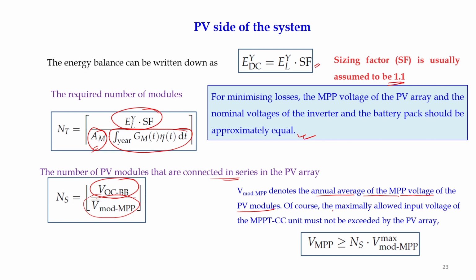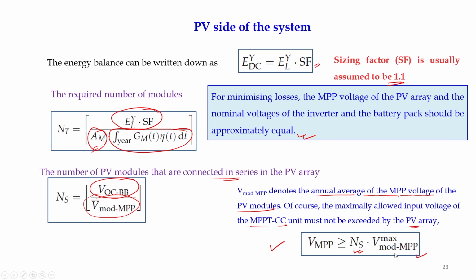Of course, the maximally allowed input voltage of the MPPT unit must not be exceeded by the PV array. So, that is how we can write mathematically: V_MPP, the voltage at maximum power point, is greater than or equal to N_S, that is the number of modules to be connected in series, multiplied by V_max,mod,MPP.